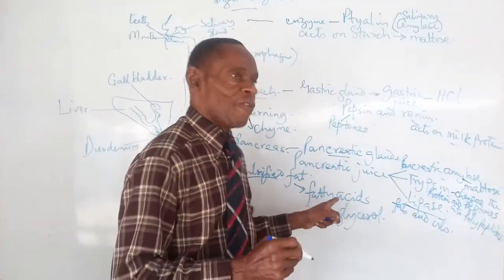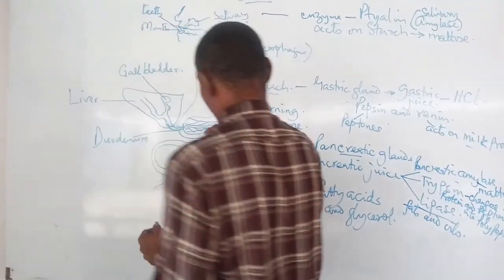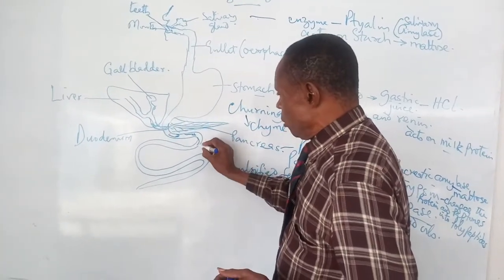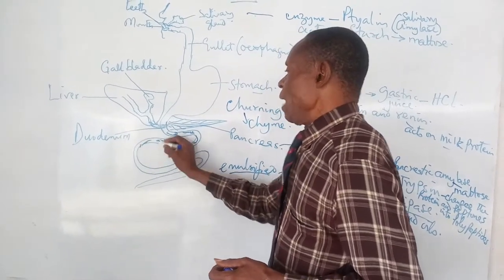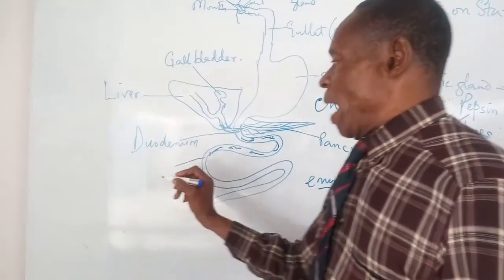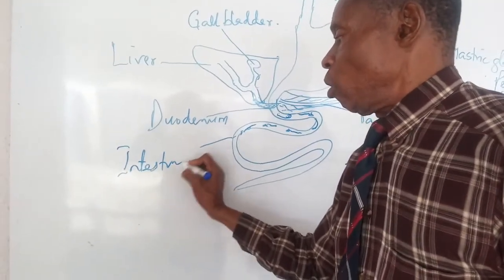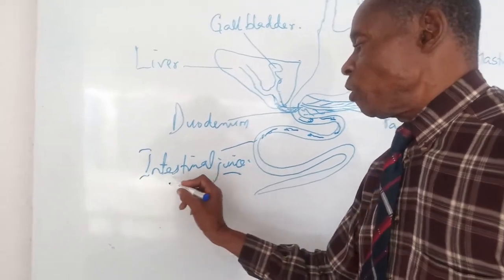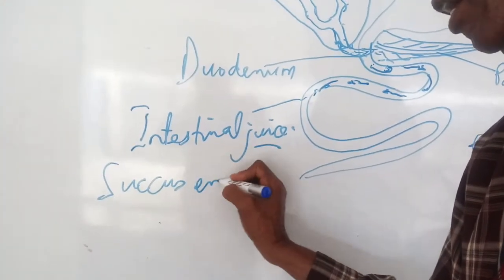Then the food continues to travel along the small intestine, and at the later part of the small intestine, it secretes what is known as intestinal juice. Intestinal juice is known as succus entericus.